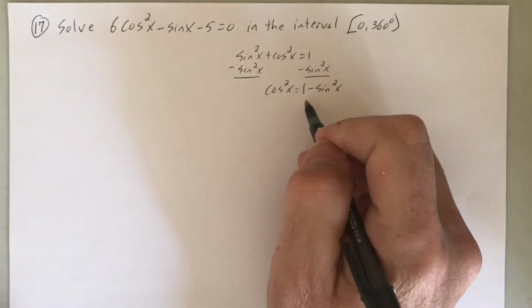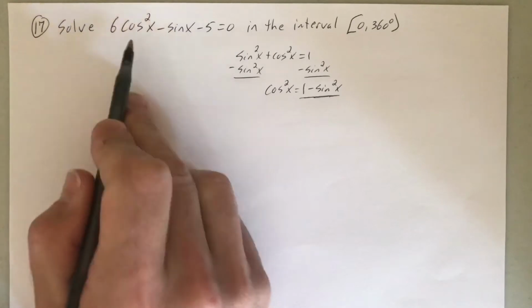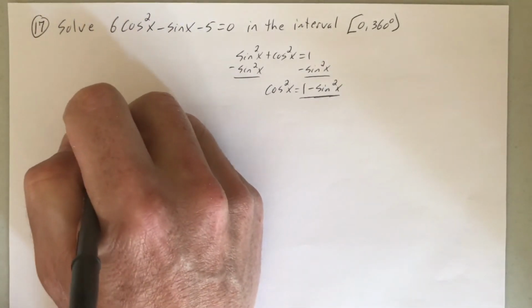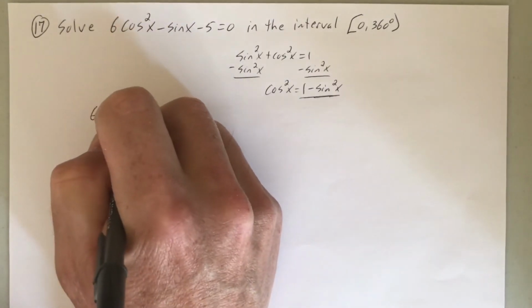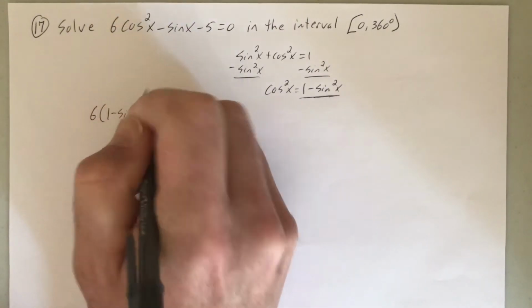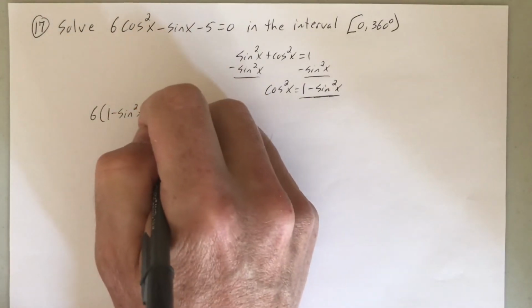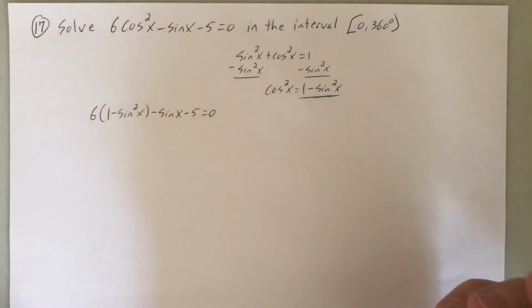So now I'm going to replace this with my cosine squared x so that I have the same trig function in the equation. That's going to give me 6 parentheses, because don't forget we're going to have to distribute, 1 minus sine squared x when I replace the cosine squared x with that, then minus sine x minus 5 is equal to 0.